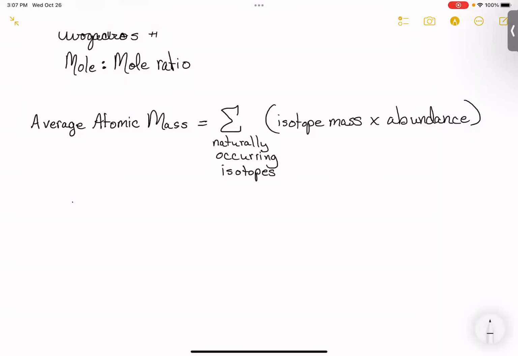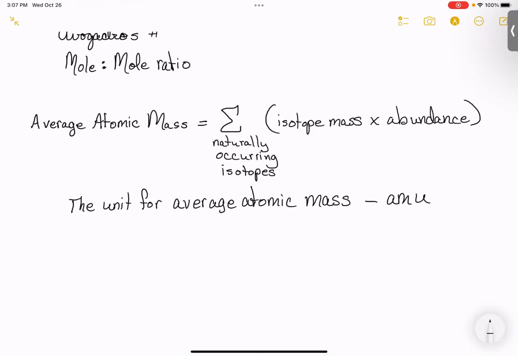Now, the unit for average atomic mass was the AMU, where AMU stands for atomic mass unit.